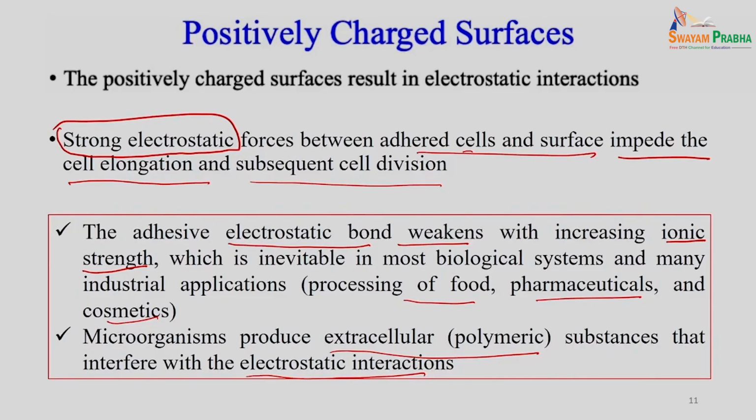So, the ionic strength is going to affect the electrostatic interactions, and also a few bacteria produce extracellular polymers, and those polymers are going to act in between the surface and the bacteria, which will ultimately interfere with the electrostatic interactions.